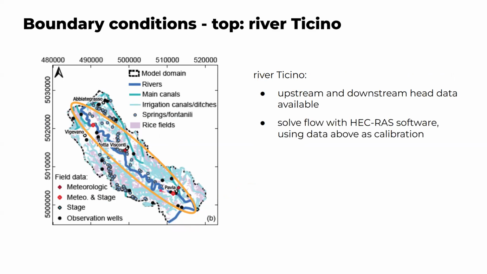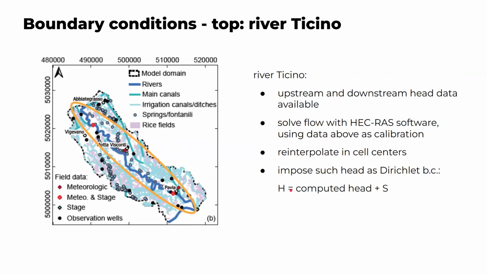So what we do, we use a third software, it's called HEC. It's another software that is used to compute flow in rivers. We solve the flow in the river using the data here and here to calibrate the results. Then we reinterpolate the results, and we use these reinterpolated levels as the boundary conditions.